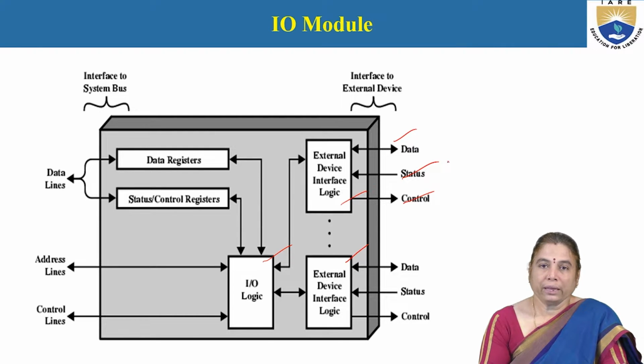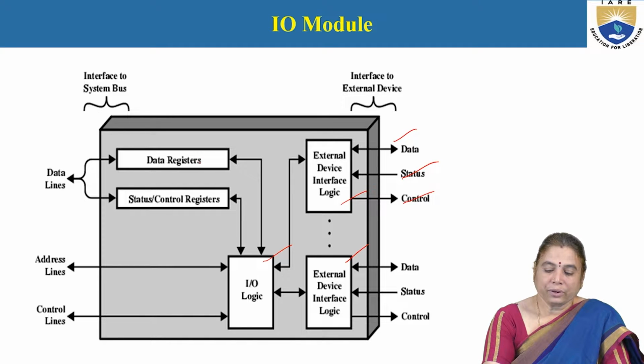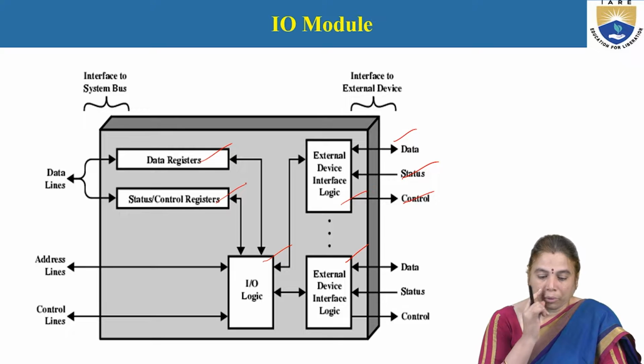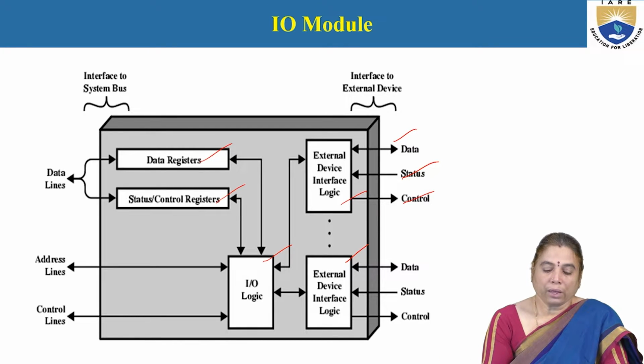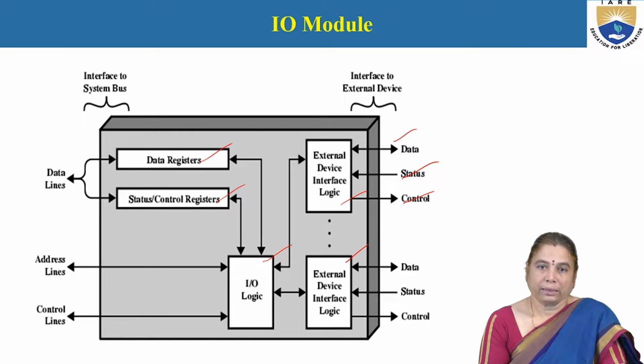Status is to represent and test various statuses of the I/O transfer. Here the data register can hold the data. Status and control registers can hold various status flags. These can be connected to the internal system bus via the address lines and control lines. The address lines can carry the memory location from where the data can be read or written to the memory.